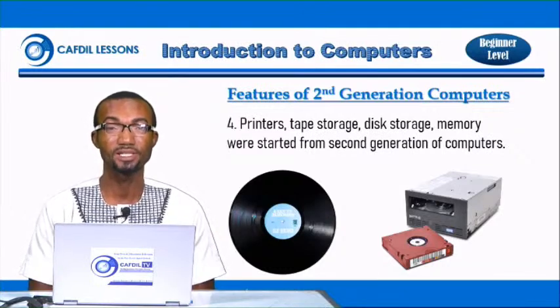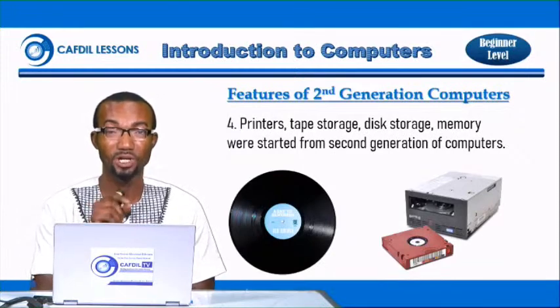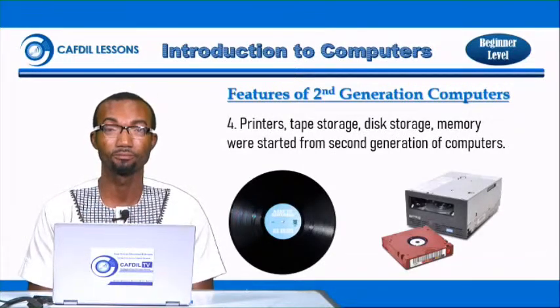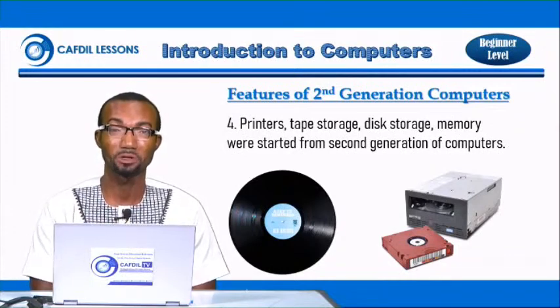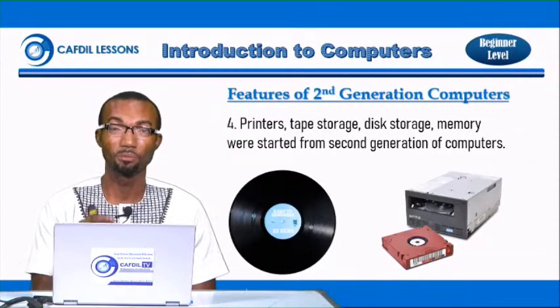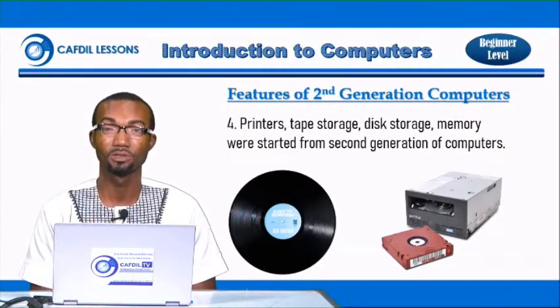Today, if you go to the settings of the smartphone that you are using, you can check the size of your memory. If you are using a laptop or a desktop, your memory could be 2 gig, 4 gig, 6 gig, 8 gig. So these memories started from second generation.